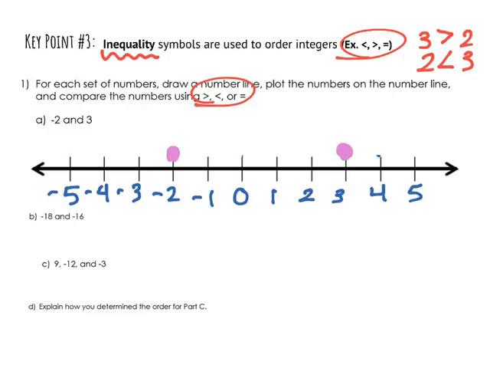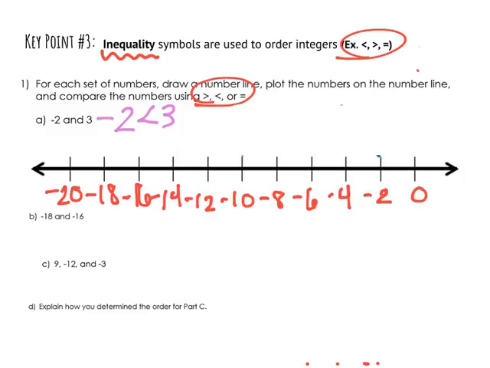I know based on my number line knowledge that any number to the right of 0 is positive, any number to the left of 0 is negative. So therefore, the number furthest to the right on the number line is always going to be the largest. So in this example, -2 is less than 3.